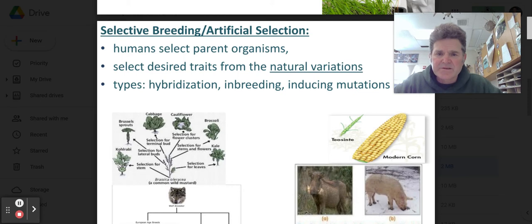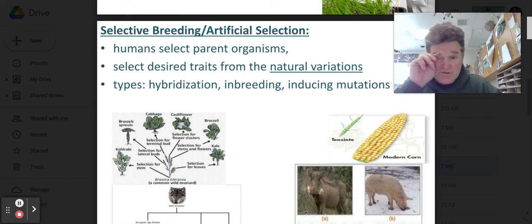Let's talk about plants for just a second. The common ancestor to all of these domesticated plants was a wild mustard plant, and it was a type of brassica plant. And over time, people would look at that wild plant, and they'd find one and say, oh, those leaves taste good.